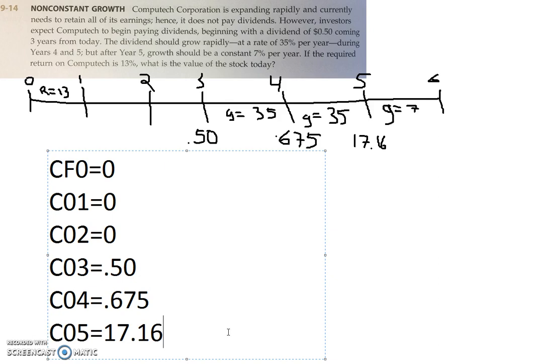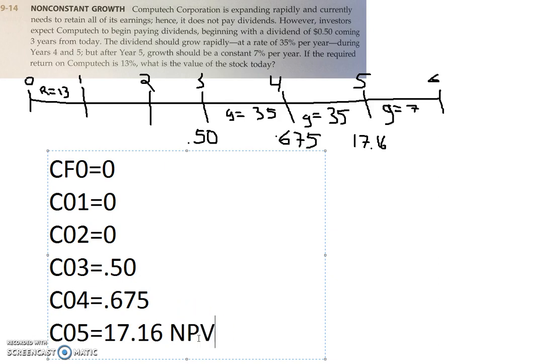Make sure the frequency of that cash flow is set to 1. Cash flow 3, 0.5. Frequency of that is 1. Cash flow 4 is 0.675. Frequency of that is 1. And our last cash flow is $17.16.